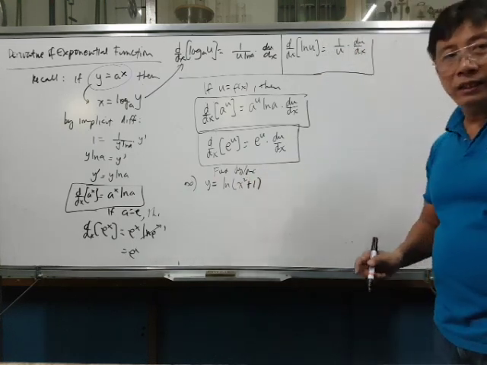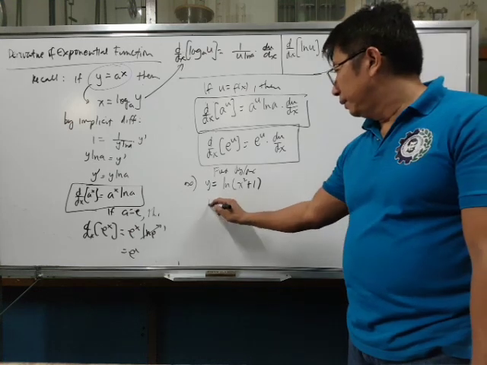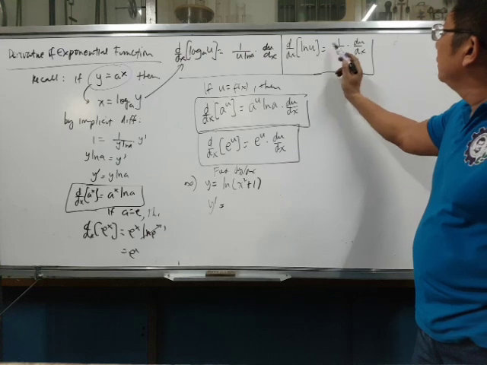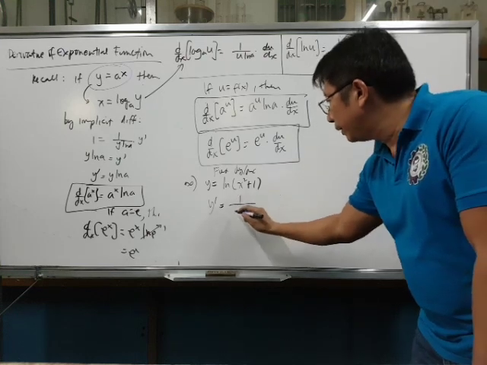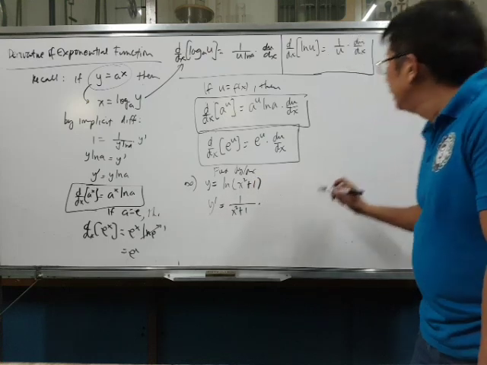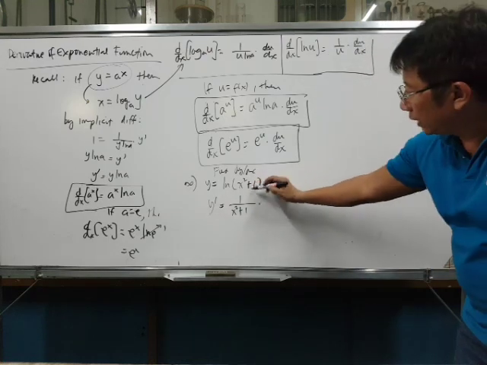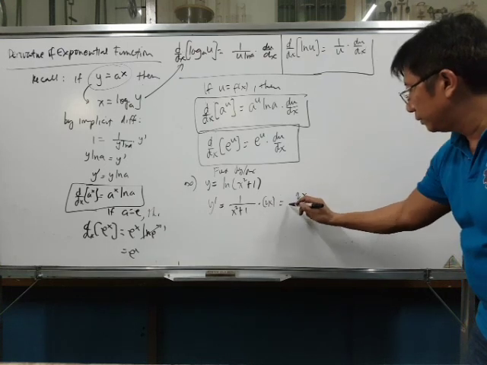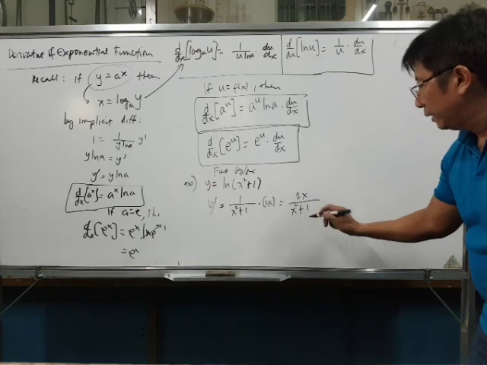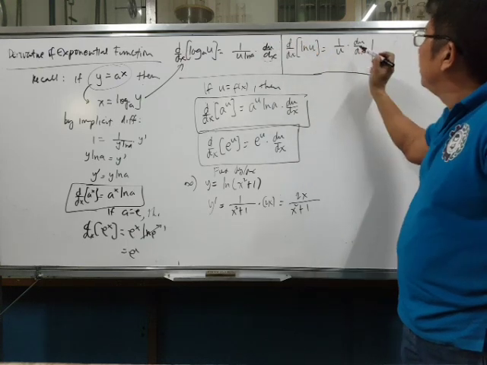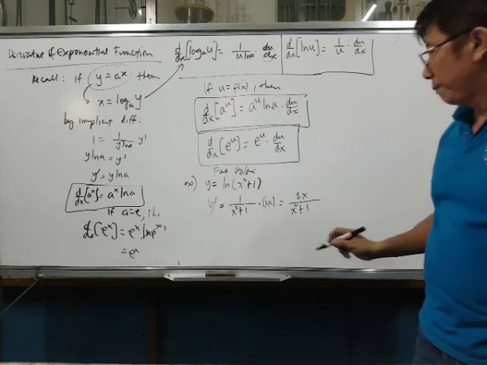So if y equals ln of x squared plus 1, so y prime equals, according to the formula for ln u, 1 over u, so we just copy everything, times the derivative of u. So the derivative of x squared is 2x. So you can just write this as 2x over x squared plus 1. Remember, this du over dx can always be placed in the numerator.